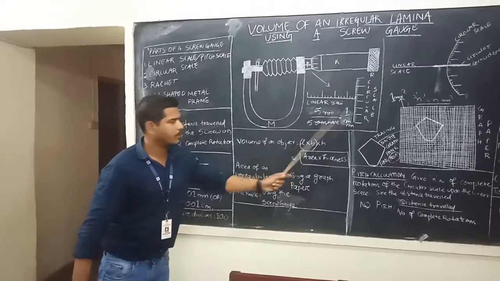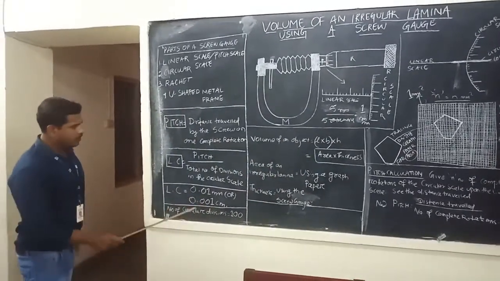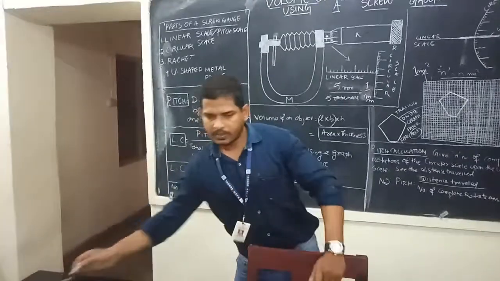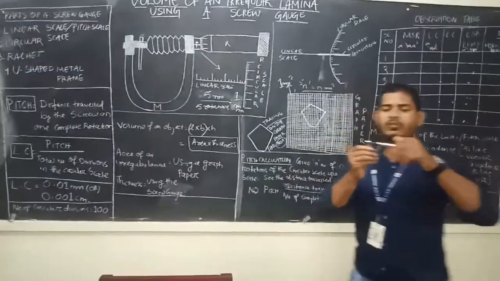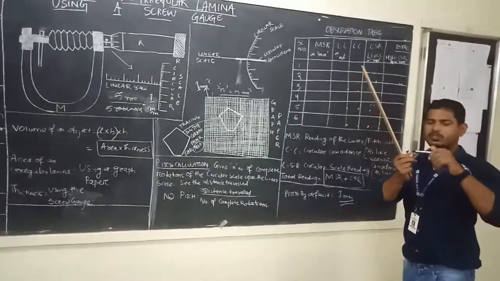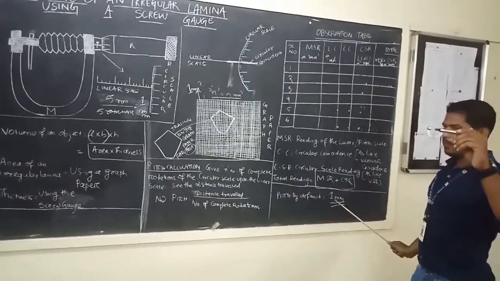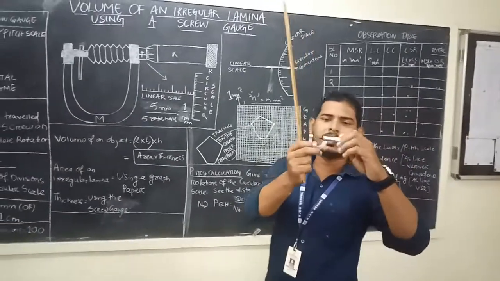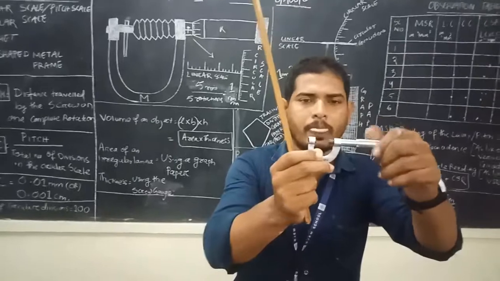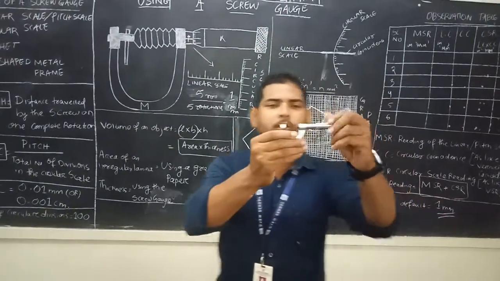How much? 1 mm. So by default, suppose we take a screw gauge which has a linear scale length of 25 centimeter. By default, the pitch of this screw gauge will be 1 mm. Now how to do the complete rotation?